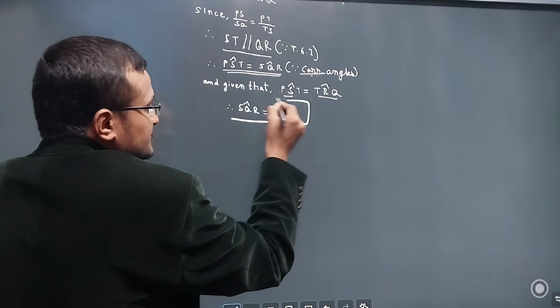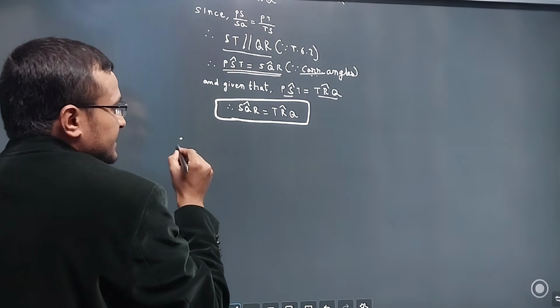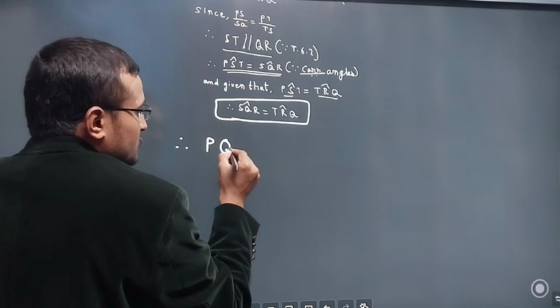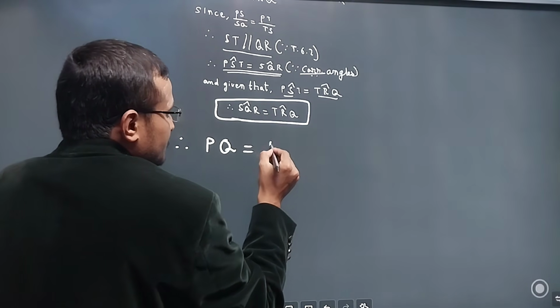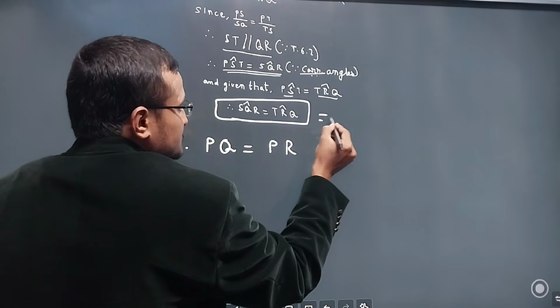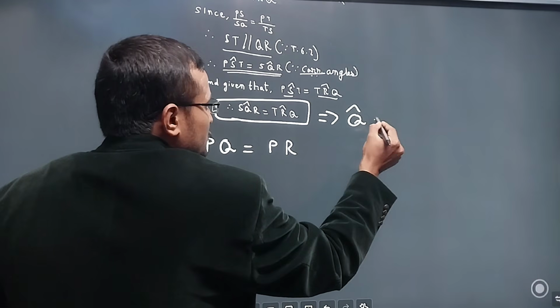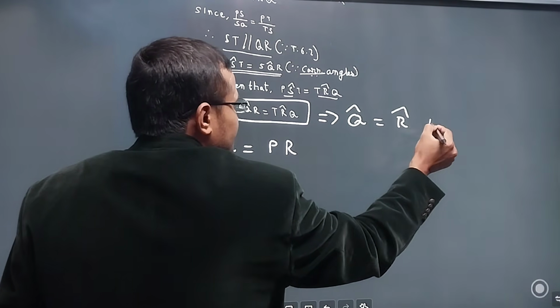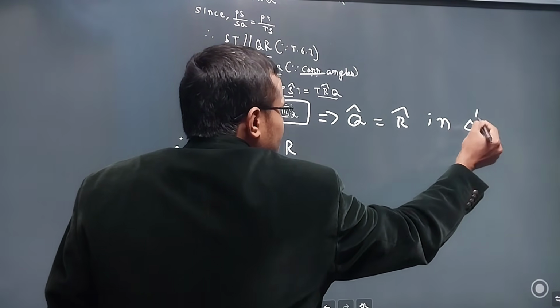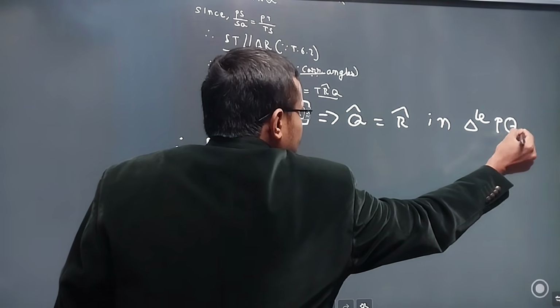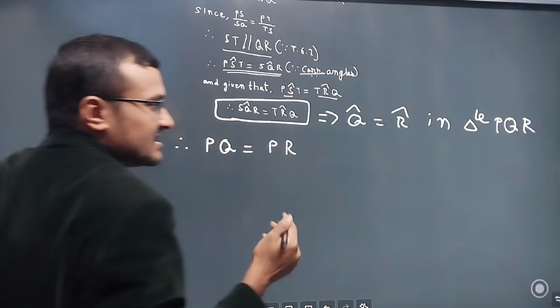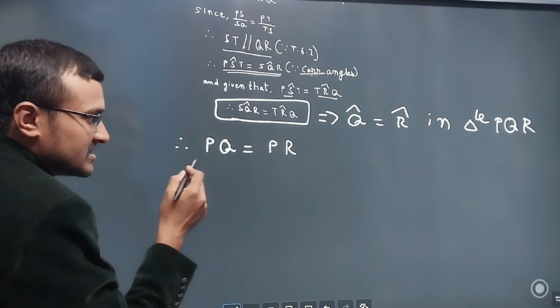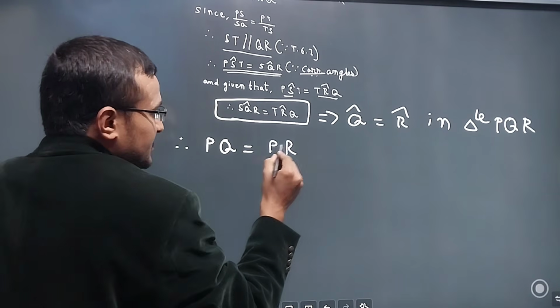Since SQR is equal to TRQ, therefore PQ is equal to PR, because angle Q is equal to angle R in triangle PQR. So PQ is equal to PR.